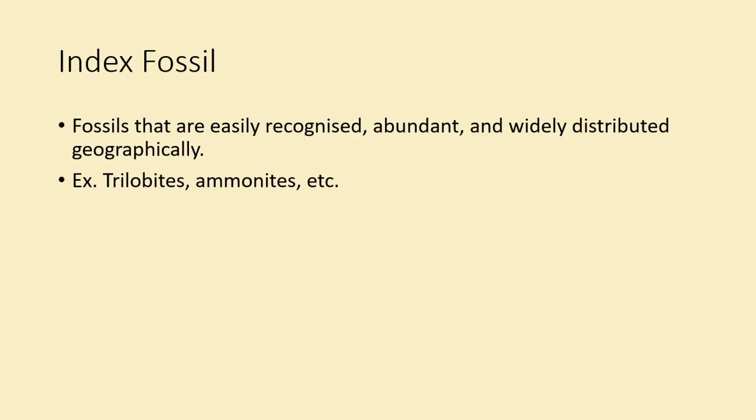Index fossils are essentially fossils that are easily recognized, abundant, and widely distributed geographically. Historically, the really obvious ones that we think of are trilobites and ammonites, and there are others, but those are the two really big ones that I think of whenever I hear index fossil.